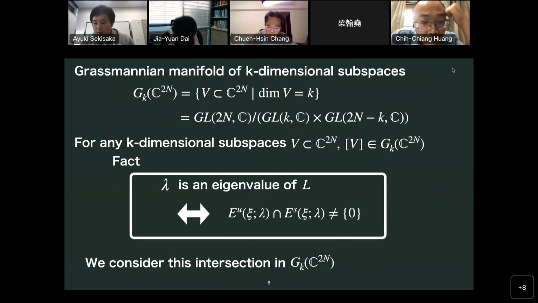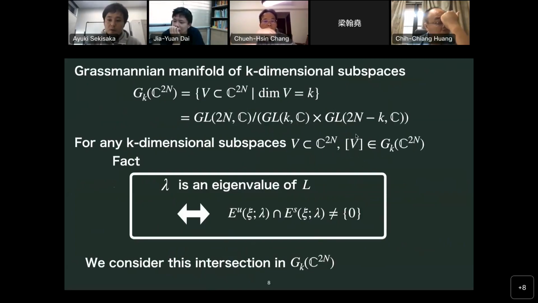The important fact is that all k-planes are represented as points in the Grassmannian G_k(C^2n). If V is a k-dimensional subspace of the 2n-dimensional complex space, then there is a corresponding point in G_k(C^2n). We denote this correspondence by this symbol.